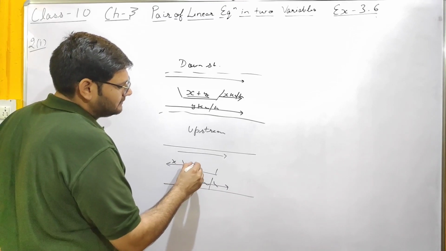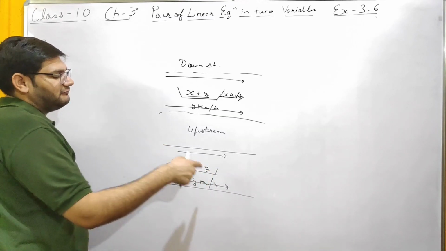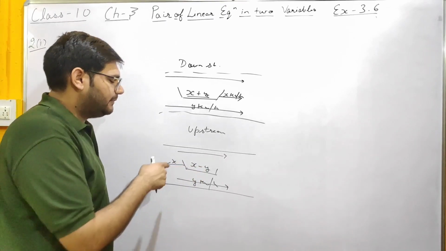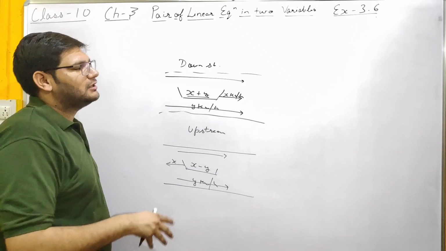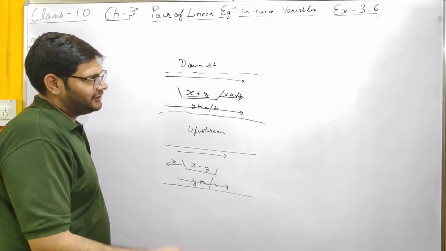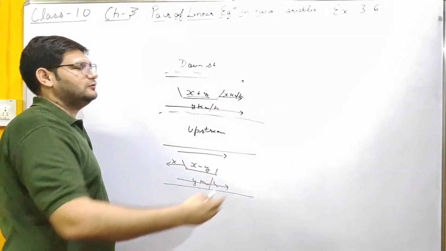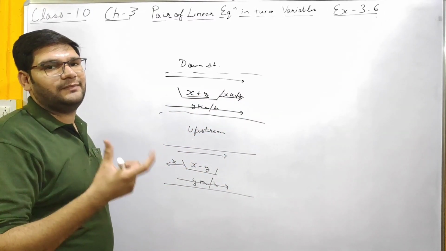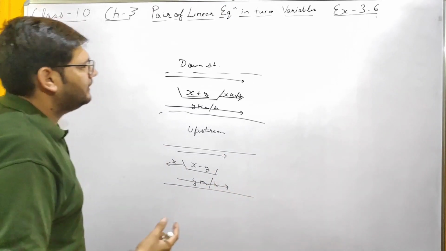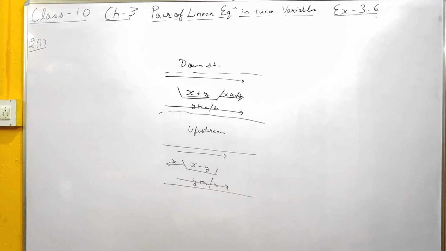So the speed will become x minus y kilometer per hour. Why? Because this time she is going against the flow. Therefore, the speed will be reduced. And in the downstream case, she is going with the flow, so the speed will be increased. Alright, so these are the cases, and now we'll start doing the question.